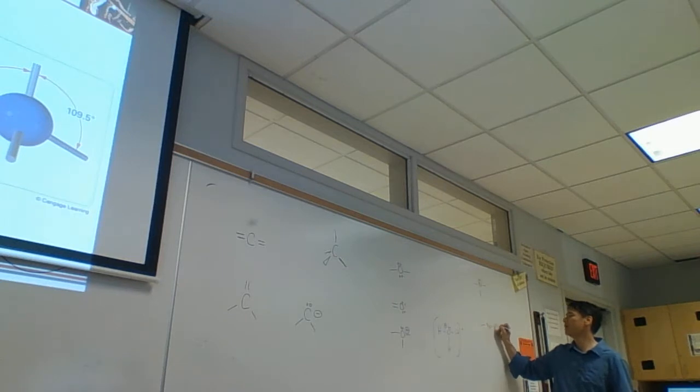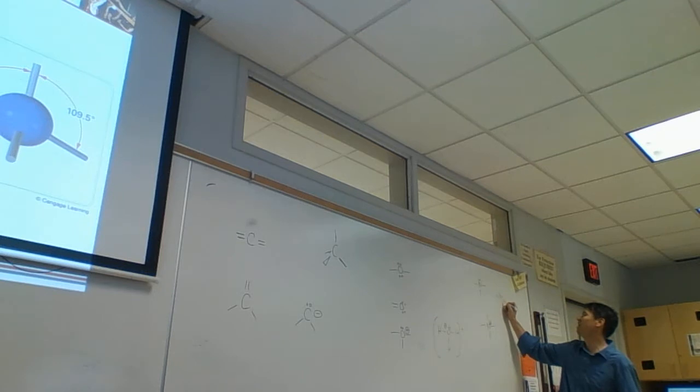If we have 4 bonds to nitrogen, then the nitrogen is no longer going to be neutral. The nitrogen is going to have what charge? We saw this yesterday. It's going to have a positive charge. Or the nitrogen can have a double bond and a single bond. What's the charge on that?